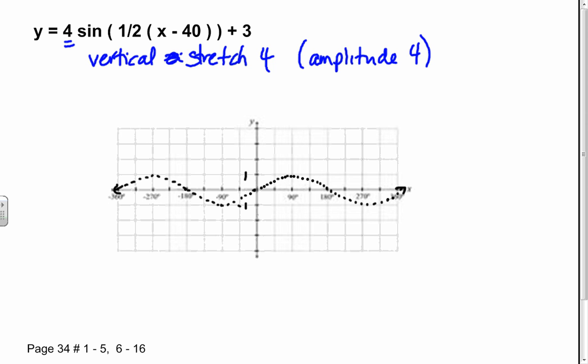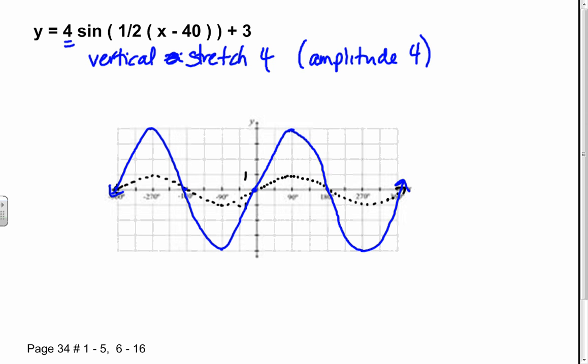It's just changed the amplitude by 4. So it goes through 0, 0 still, but instead of a height of 1, it will be a height of 4. Back to 0. That one is easy because I'm not moving. It's the left and rights that are kind of tricky. There we are.